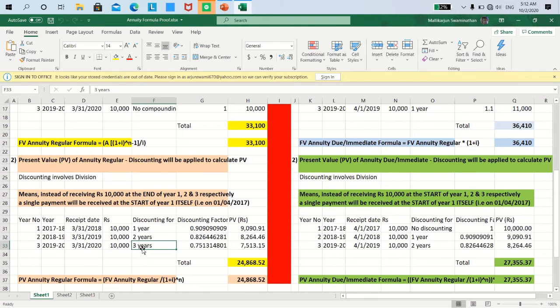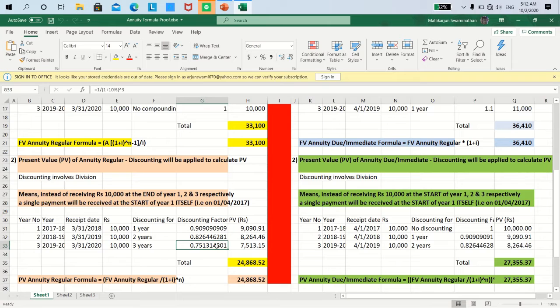Therefore, the discounting will have to be allowed for 3 years. Hence, the discounting factor highlighted in G33 will be 1 divided by 1 plus i power 3, which will be 1 divided by 1 plus 10% to the power 3. And whatever is the result is presented in cell G33.